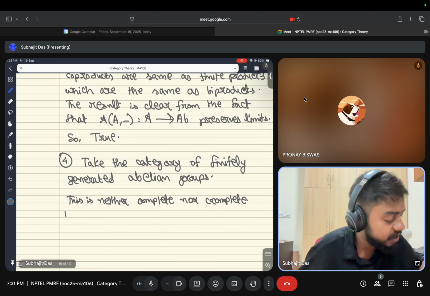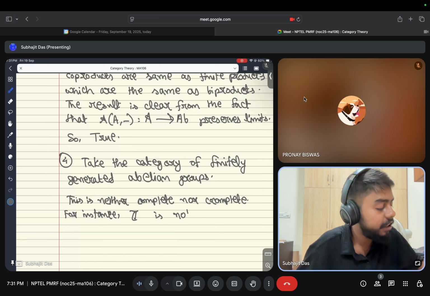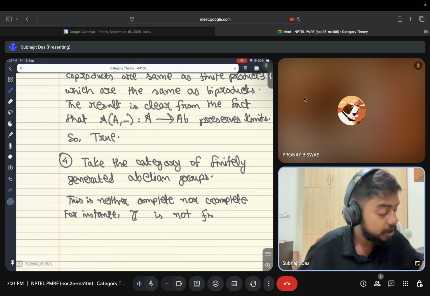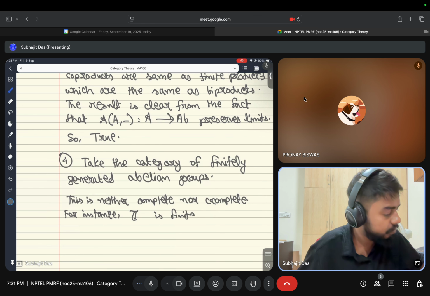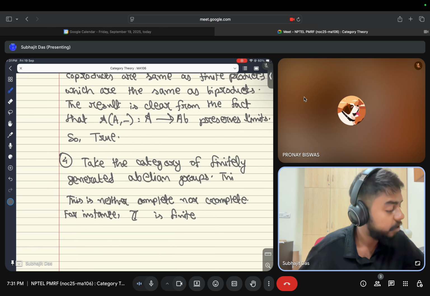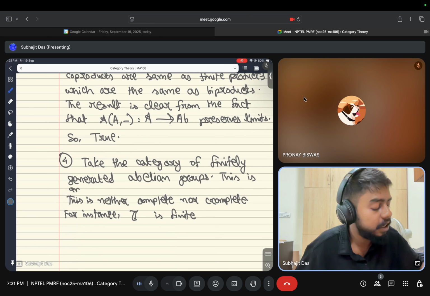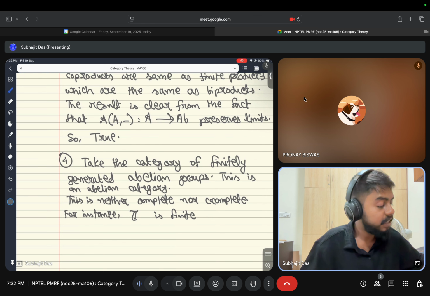Because for instance, Z is finitely generated. Yeah, this is abelian. I should also write this. This is an abelian category. This is neither complete nor co-complete.